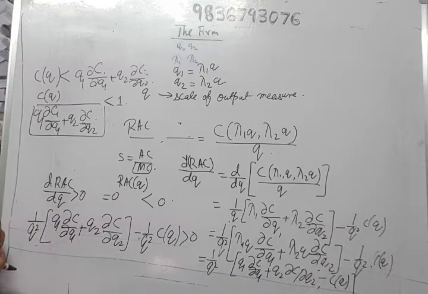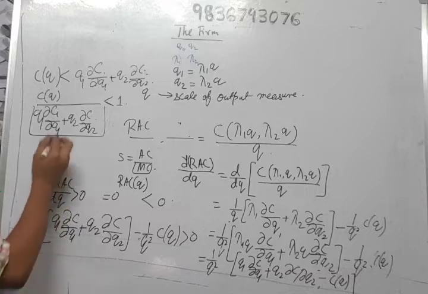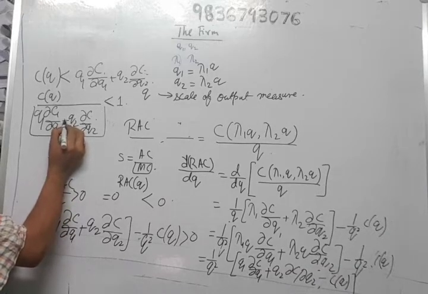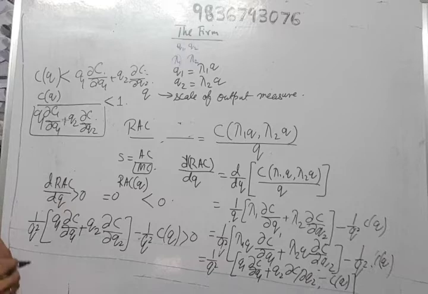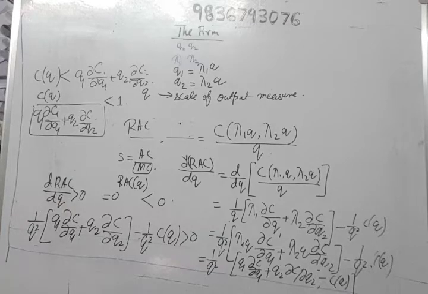So this is the denominator, and C(Q) is nothing but the cost of producing both these products, that is product 1 and product 2.